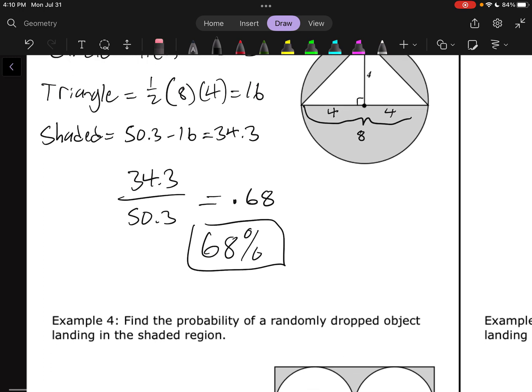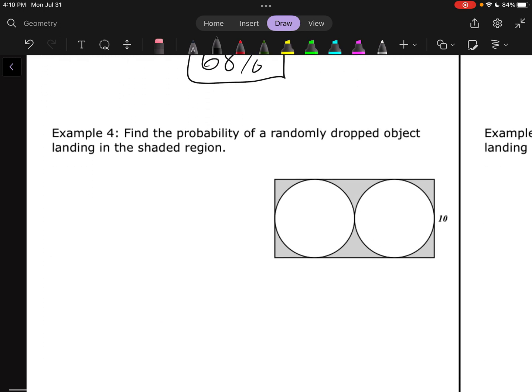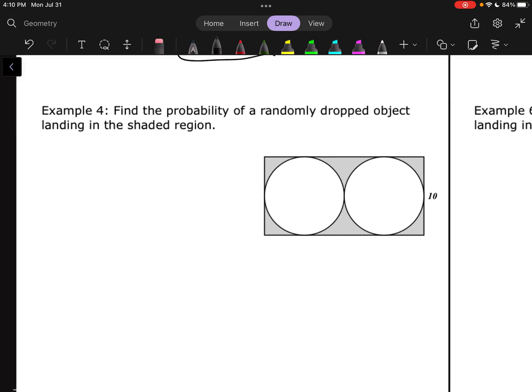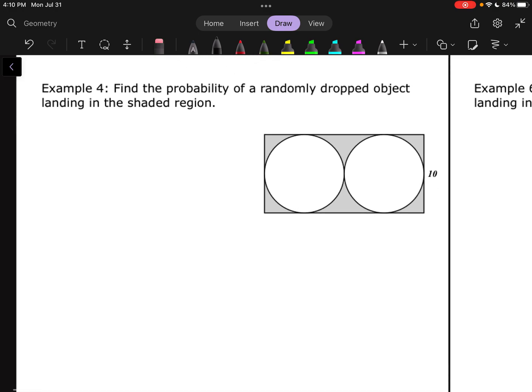Let's keep going here. What's this one saying? Find the probability of randomly dropped object landing in the shaded region again. Okay. So it looks like we got some circles with some rectangles here. So let's start off by finding the total area again. The bigger shape is the rectangle. Now, interesting.